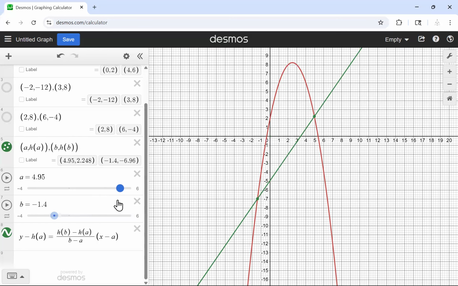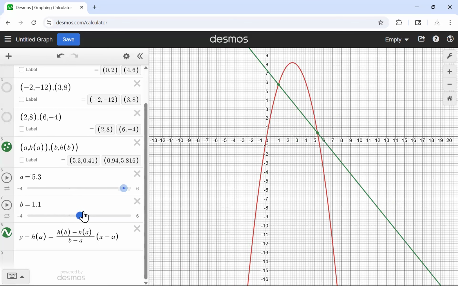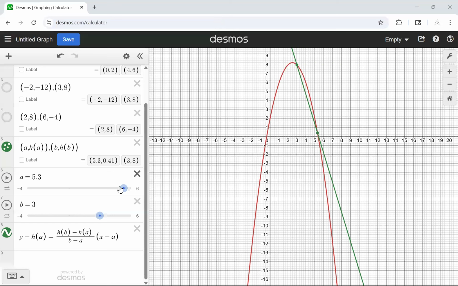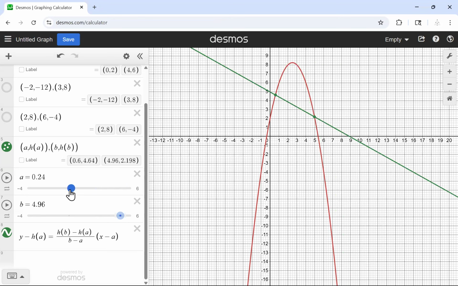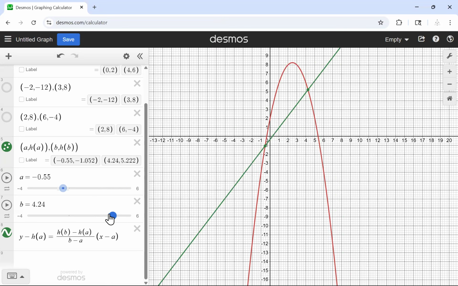If we're in a decreasing section, then the slope is going to be negative, for reasons we talked about earlier. Obviously, on this graph, the average rates of change vary because the slope between these 2 points varies as we move the points around. So depending on which 2 points we pick, we'll get different average rates of change. And we saw that in our example.